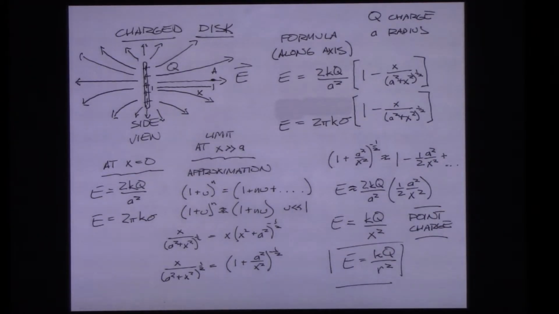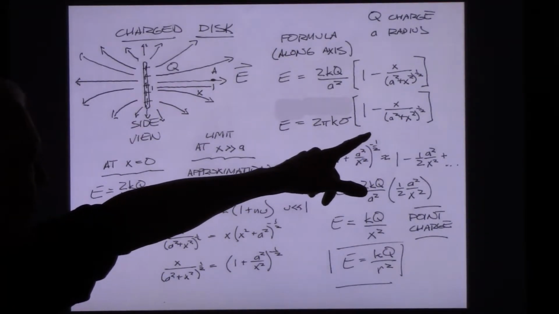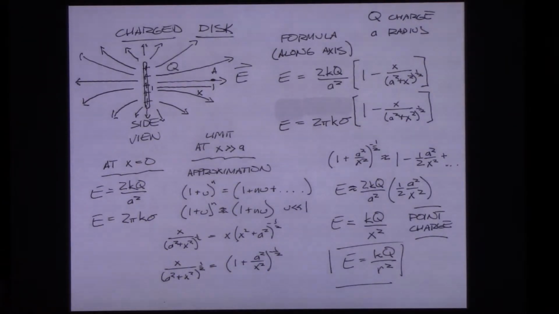So we want to check and see if we can verify that. Here's the plan. We're going to take this expression. The complicated part of that expression, I am going to claim, is, let's see where we are here.